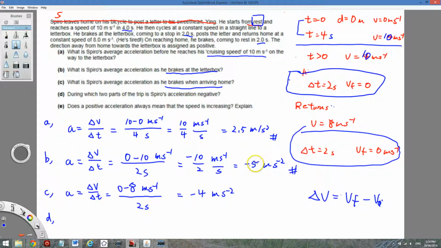We can tell when he's braking, when he slows down. Also remember, negative means traveling in the opposite direction, and also when he travels in the opposite direction.